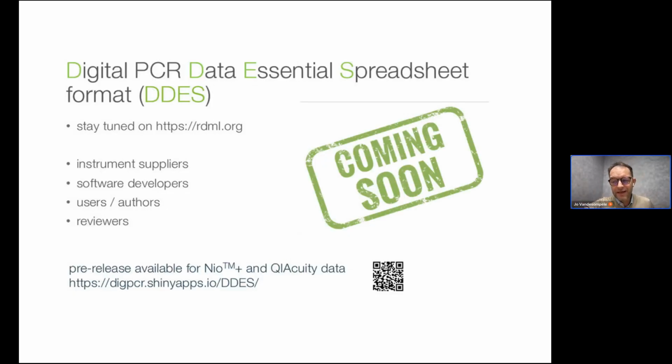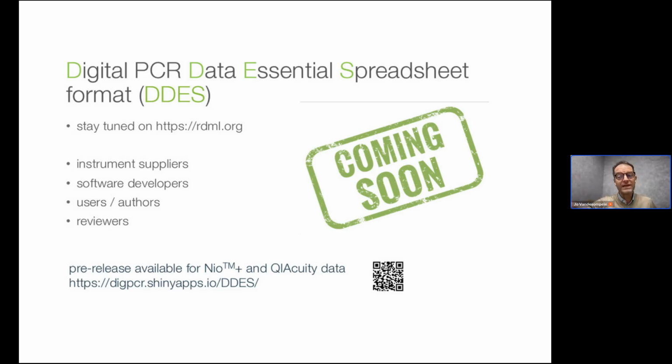So good news, a digital PCR data format is coming soon, at least as a scientific paper. For those of you that already use the Stilla Technologies Naica or QIAcuity instrument, you can already export and share your data under the dPCR-DES format, standing for Digital PCR Data Essential Spreadsheet format. And really the purpose is that in the near future, we all share digital PCR data under this format.